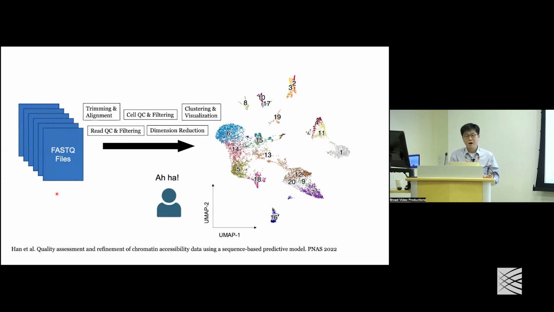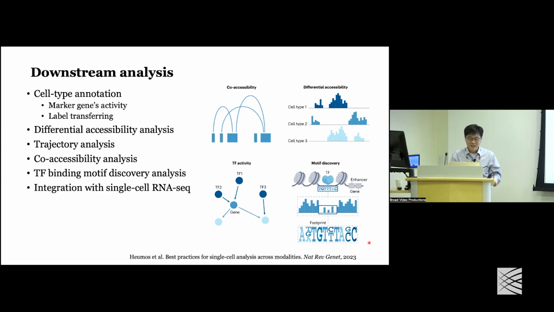Now I hope you have a better understanding of these computational steps of processing single-cell ATAC-Seq data from FASTQ files to produce the clustering. But you know that this is the beginning of the single-cell ATAC-Seq data analysis, right? There are all kinds of downstream analysis that you can play with using this clustering.